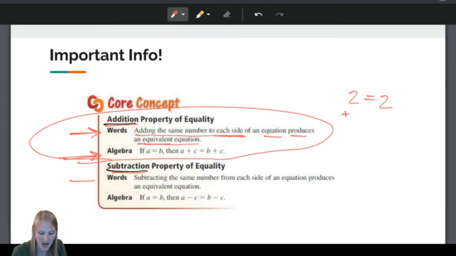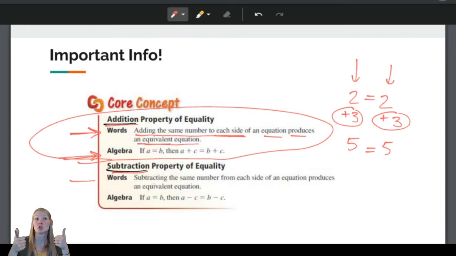So if I add 3 to both sides, I have 2 plus 3 is 5, and 2 plus 3 is 5. So I get 5 equals 5. Is that still true? Yes, it is. 5 is the same thing as 5. So if I add the same thing to both sides of the equation, you're still going to have basically the same equation.